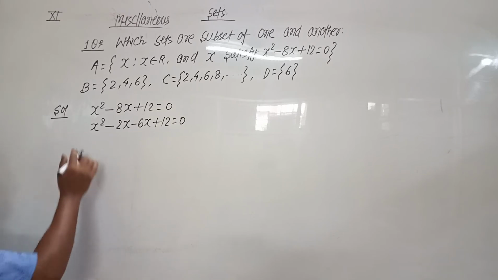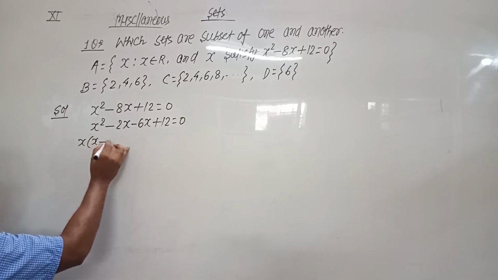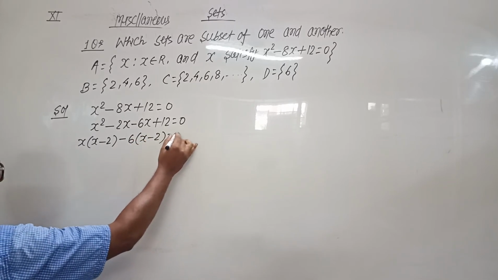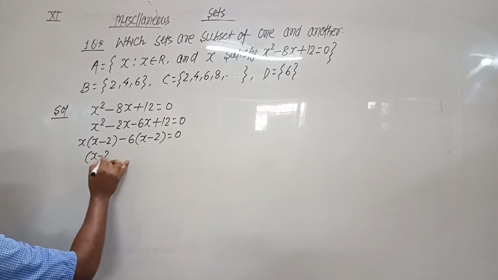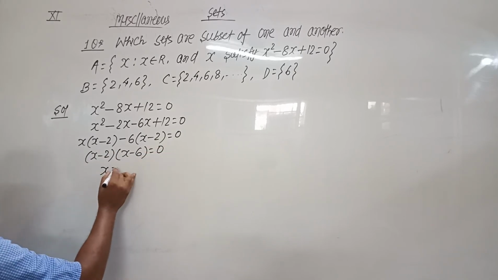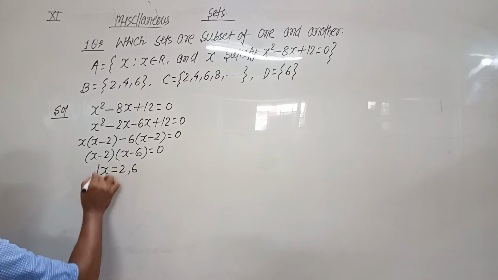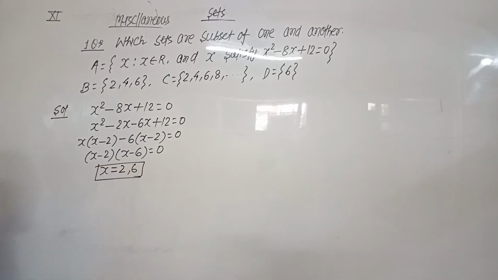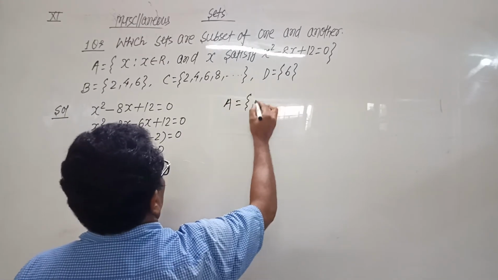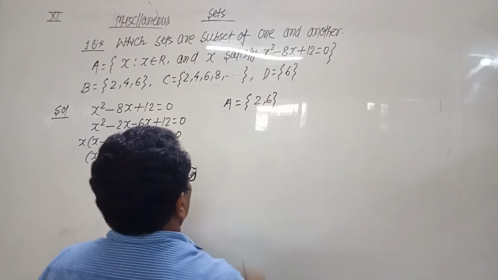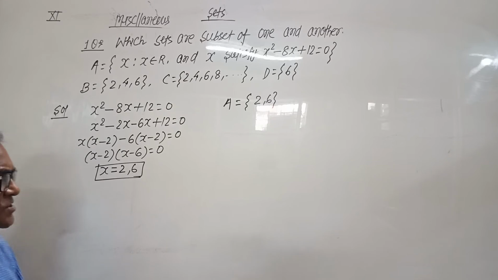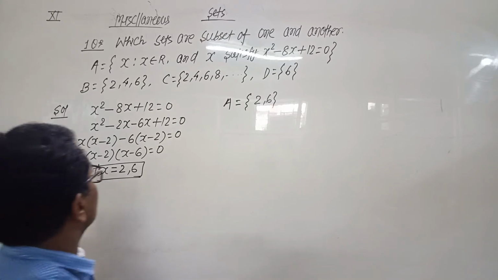From the first two terms, x is common, so we get x minus 2, then minus 6 is common from the last two terms, x minus 2. Then x minus 2 times x minus 6 equals 0, and we get x equals 2 and 6. So set A equals 2, 6.